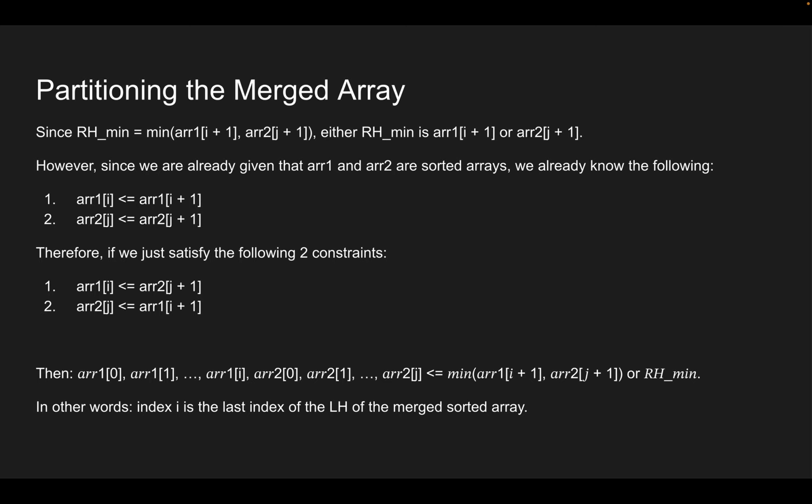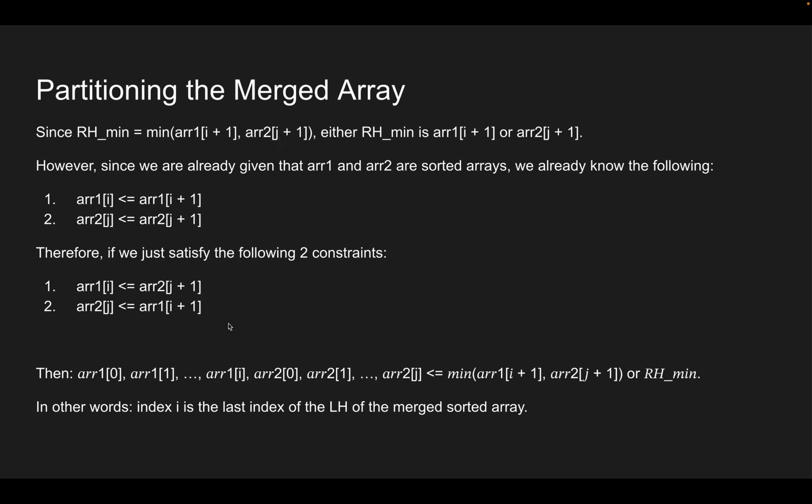Therefore, we just need to satisfy the following two constraints: array 1 at index i is less than or equal to array 2 at index j plus 1, because we already know that array 1 at index i is less than or equal to array 1 at index i plus 1. And vice versa, array 2 at index j is less than or equal to array 1 at index i plus 1, because again, array 2 at index j is already less than or equal to array 2 at index j plus 1.